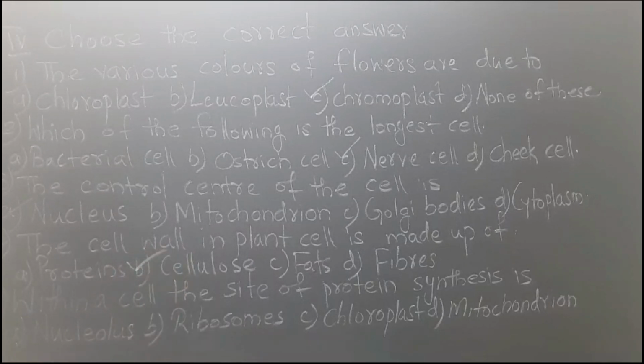B. Cellulose is the correct answer. Then number 5. Within a cell, the site of protein synthesis is A. Nucleolus, B. Ribosomes, C. Chloroplast, D. Mitochondrion. B. Ribosomes is the correct answer.